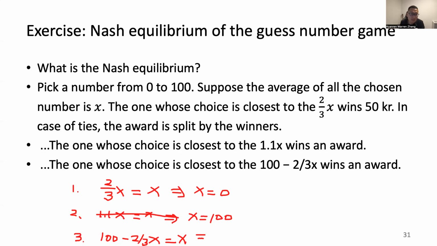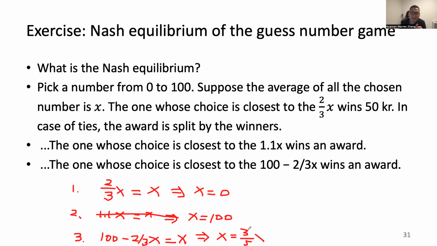So here x is, I guess, 3/5 multiplied by 100, so that's 60.